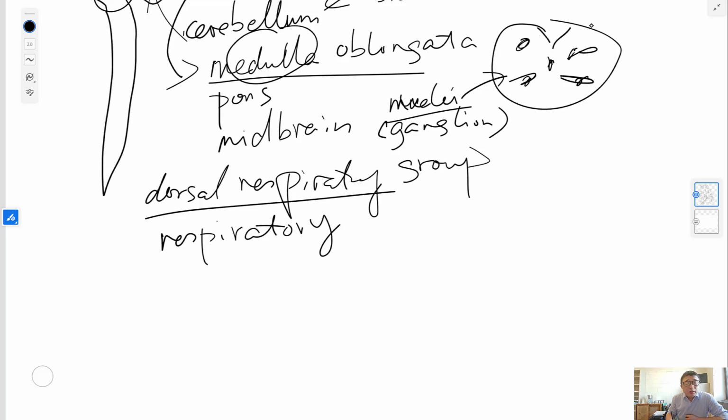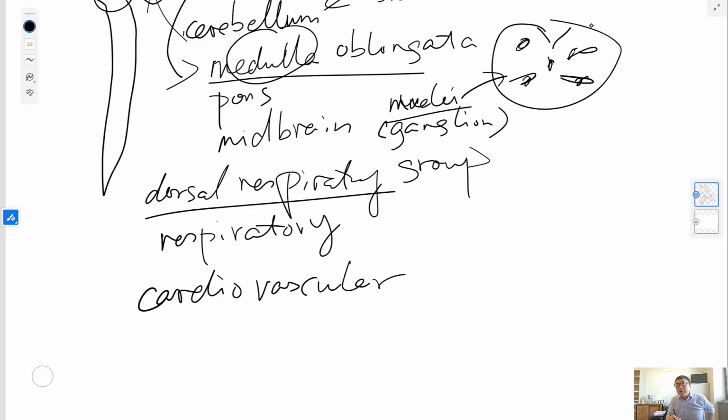In the medulla, there are multiple vital control centers, which are part of the autonomic nervous system, and their function is to sustain the very basic life-sustaining functions. One is the respiratory center, which, as you can tell by the name, controls the respiration of the lung. Another one is the cardiovascular center, which controls the heart rate and the strength of the heartbeat.